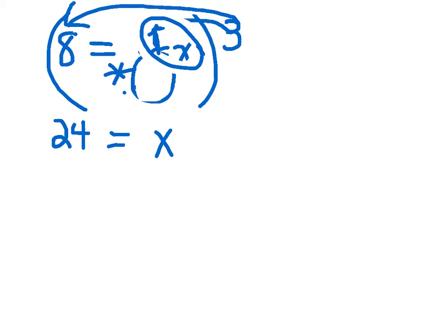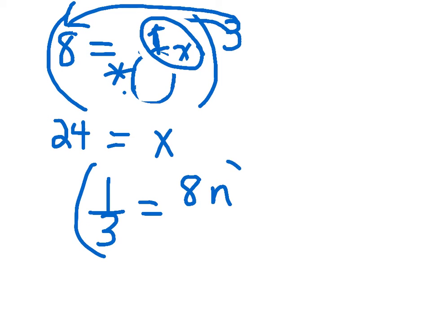So what if it said 1/3 is equal to 8n? This is a little bit trickier. I do see a fraction, so I can use the fraction destroyer. In this case, what the fraction is destroying is this.